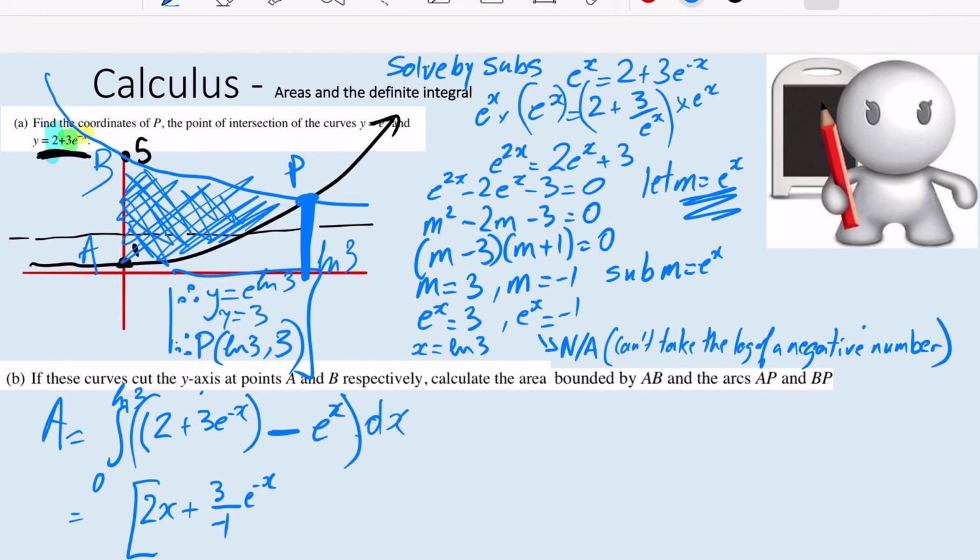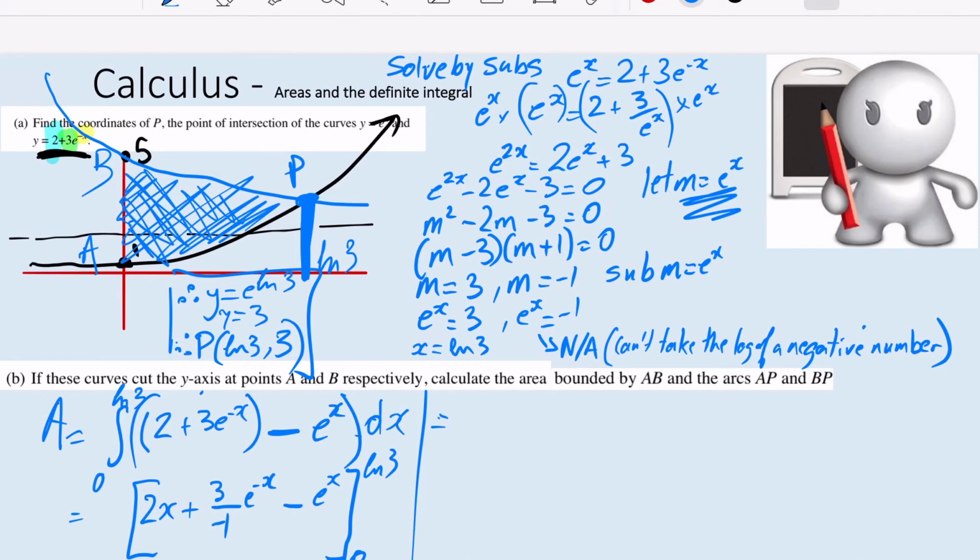Okay? And the integral of e to the power of x, well, it's e to the power of x over 1. That's fine, because dividing by 1 is the same thing. And then all of that is from the log of 3 to 0.